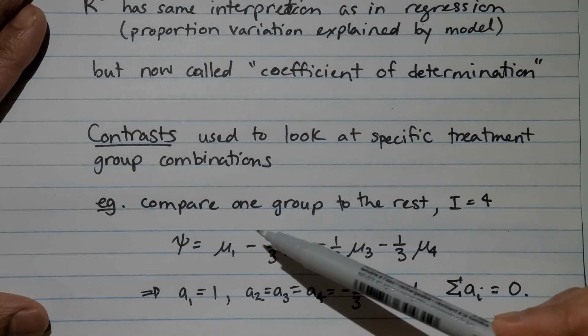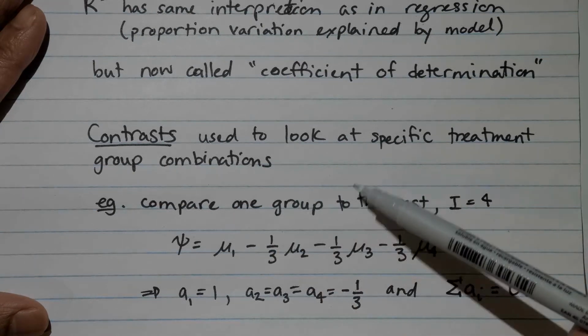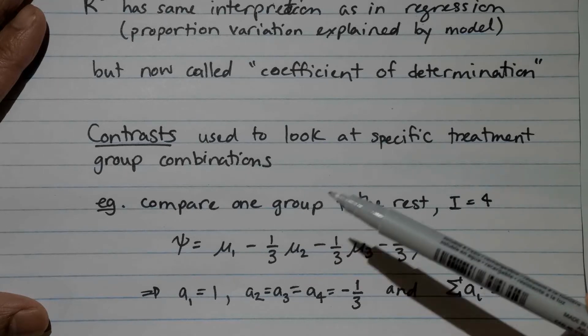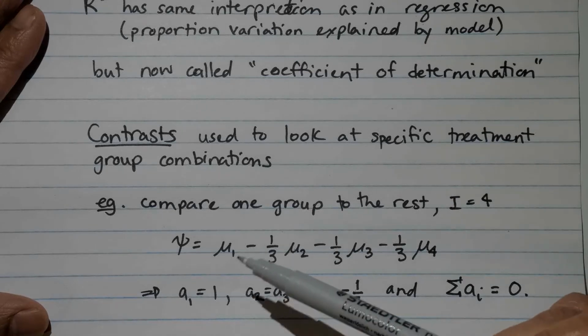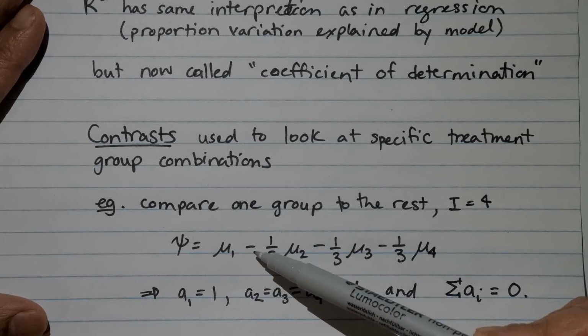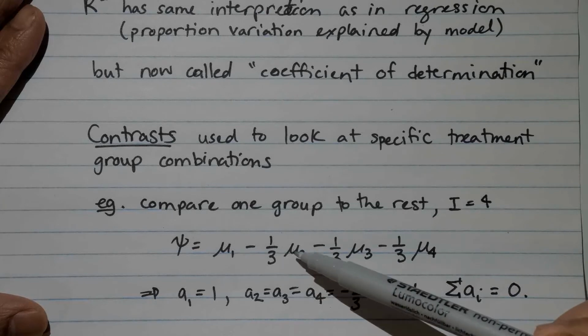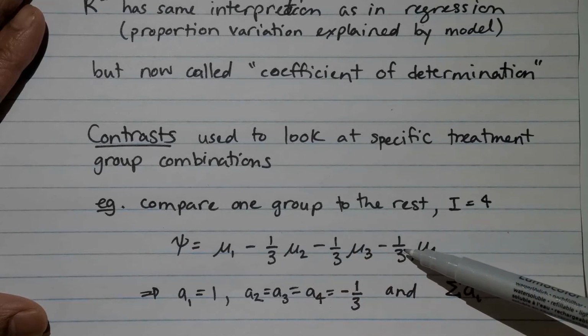If, for example, we wanted to compare group 1, so the first one of the groups, to the rest of the groups, then we usually take that particular group minus the average of the other means. So if I equals 4, we might be interested in the contrast mu1 minus 1/3 mu2 minus 1/3 mu3 minus 1/3 mu4.